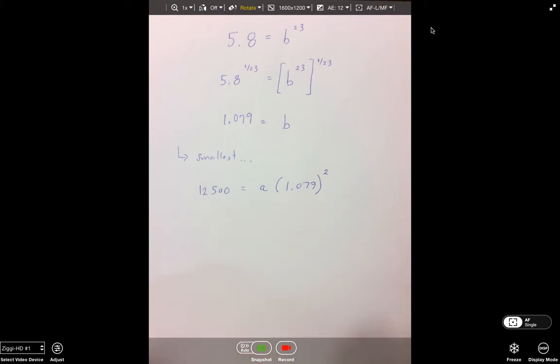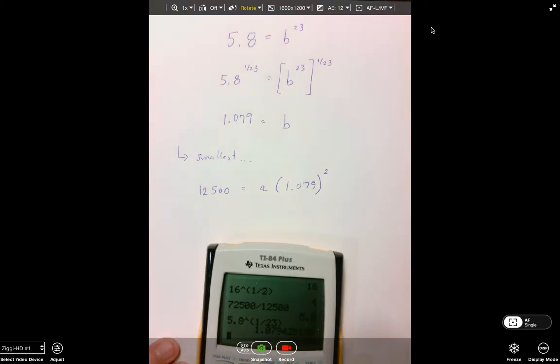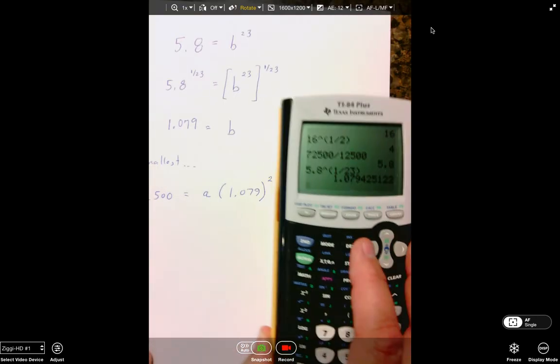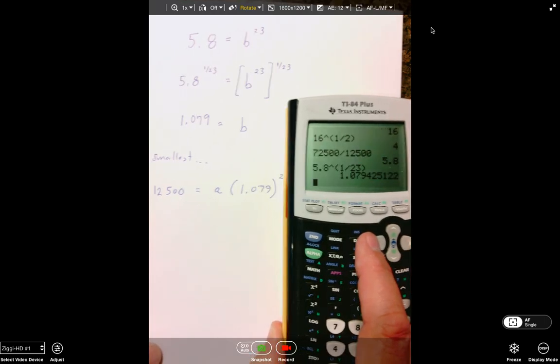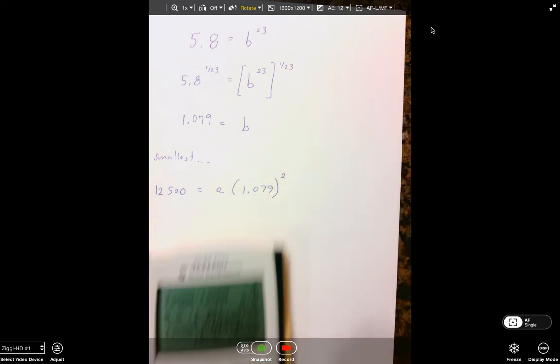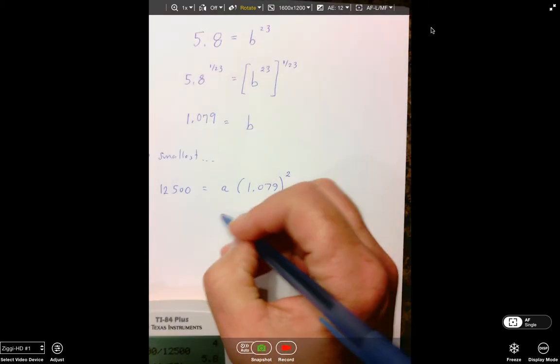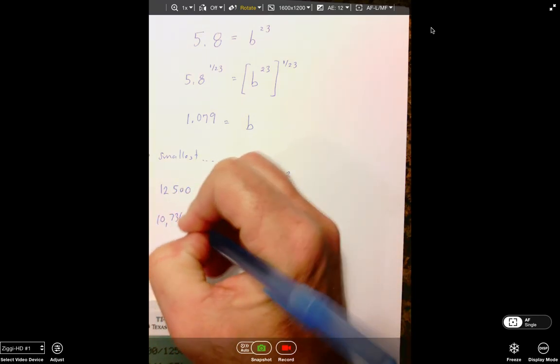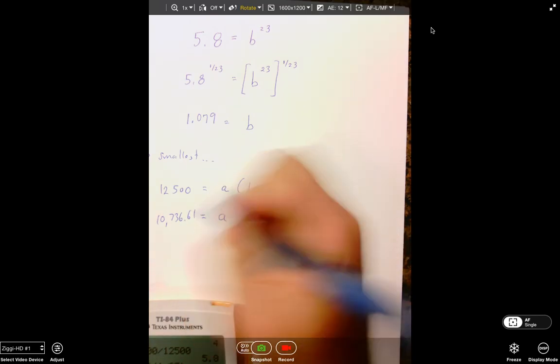So guys, I can take 12,500 divided by 1.079 raised to the second power. And I can see that my a is equal to 10,736.61.